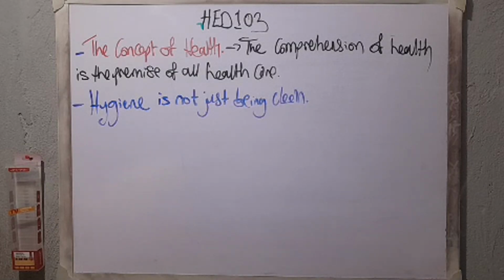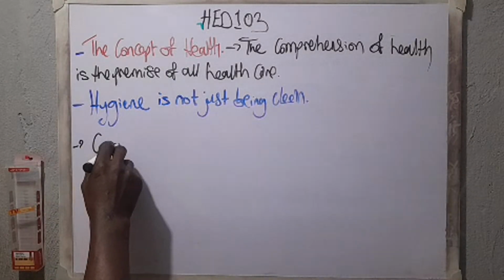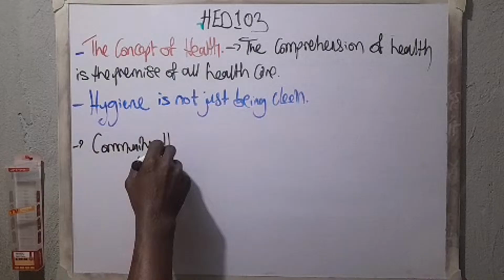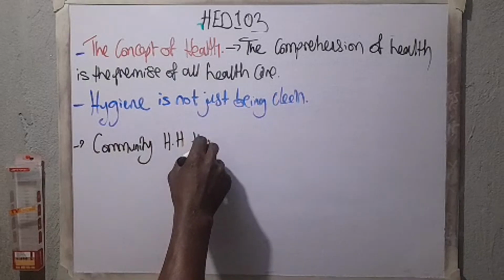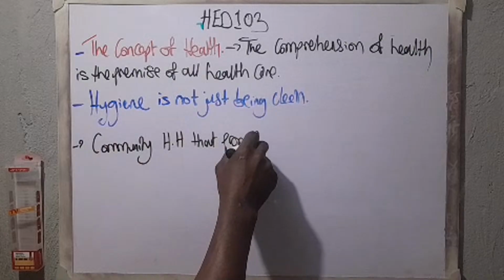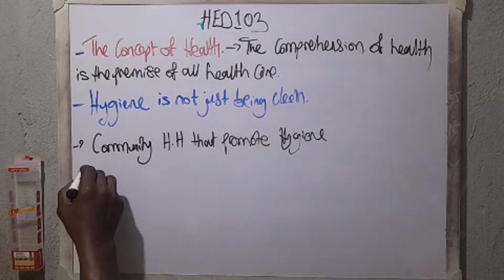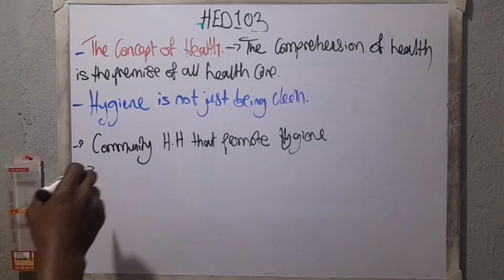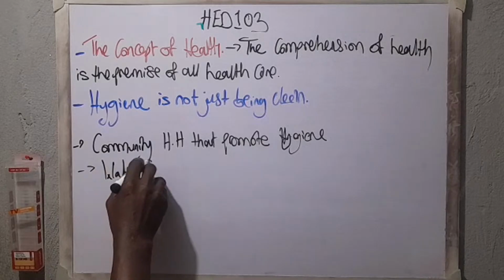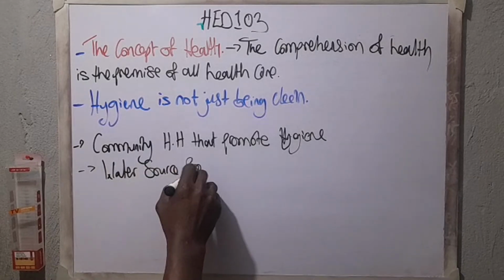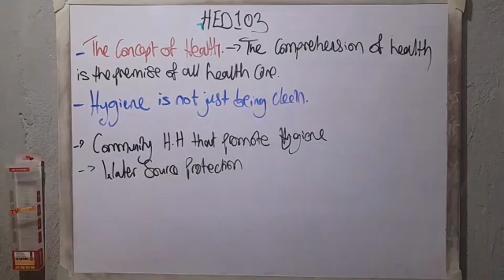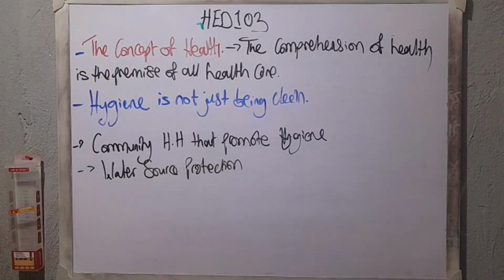Some of the community health habits that promote hygiene, we have water source protection. There's no better way to pass disease, illness than through a water source.